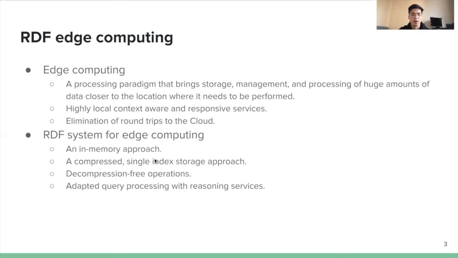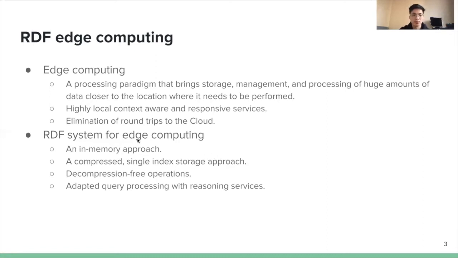Considering an RDF system for edge computing, some requirements must be satisfied. The first one is that this should be an in-memory system, which can reduce the reads and writes of disks. The second one is that this system should have a compressed single index storage, which can reduce the memory footprint.